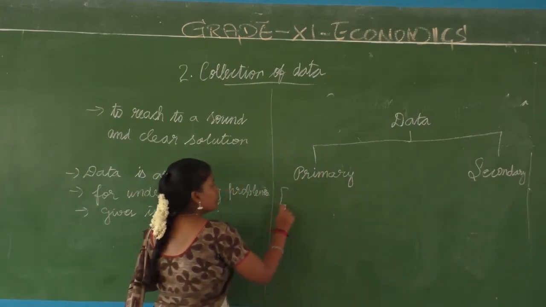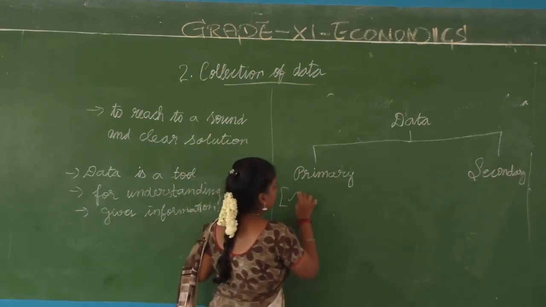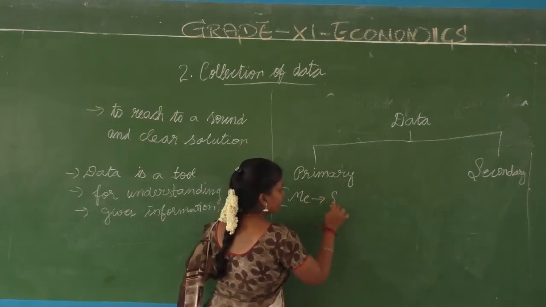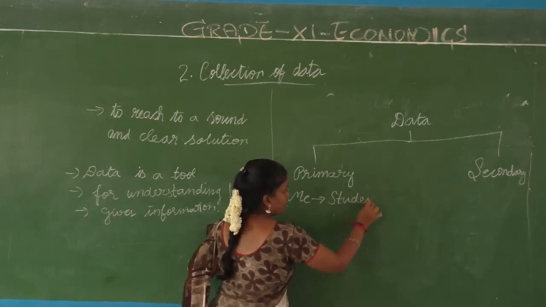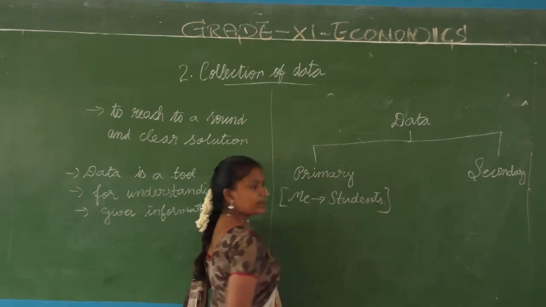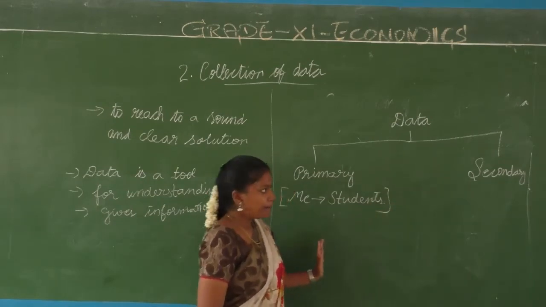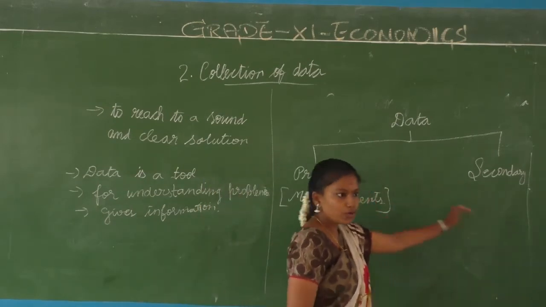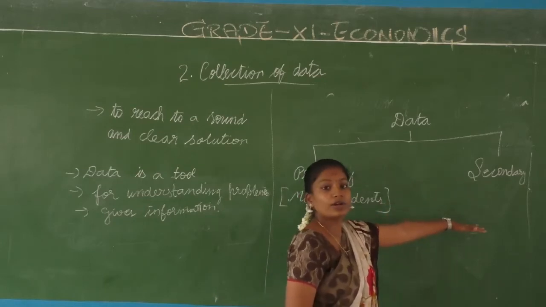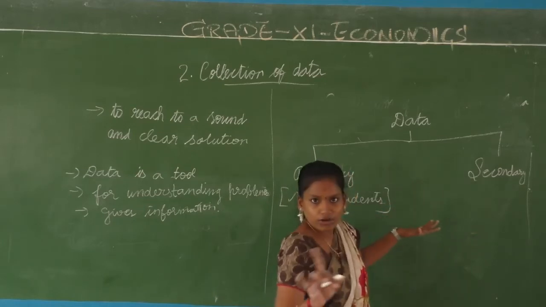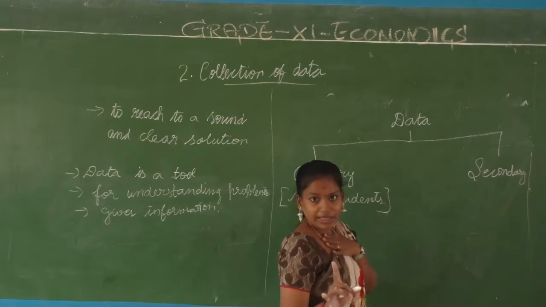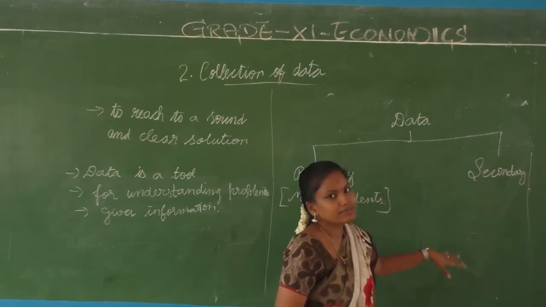So in this example, me collecting data from my students for analyzing is called primary data. But when I go to my higher authorities, I am giving the data on behalf of you. There it becomes secondary data.